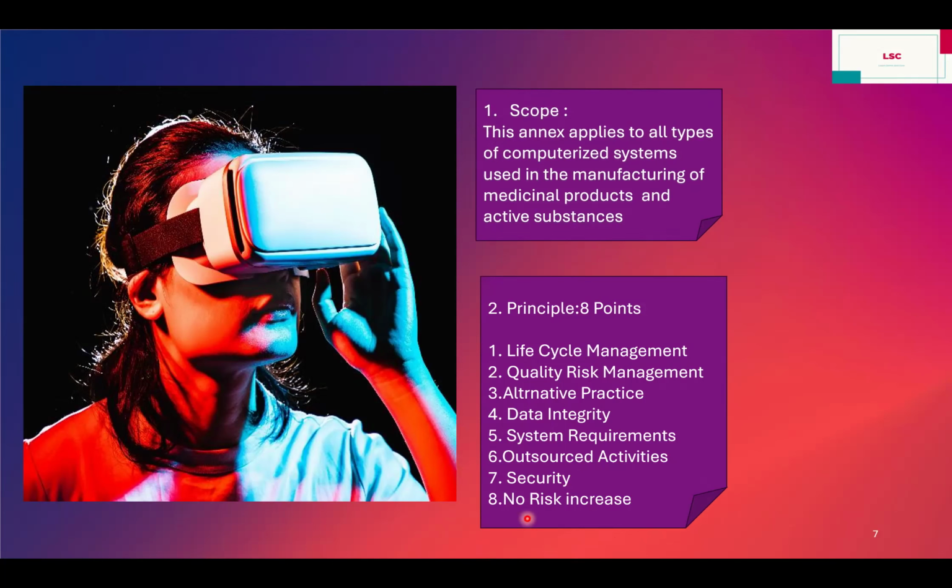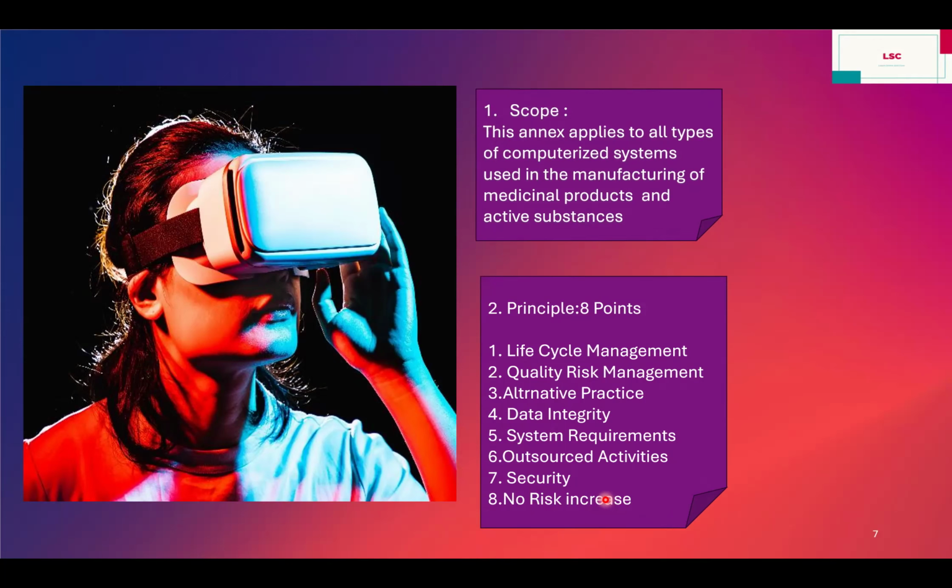Now, the eighth one is no risk increase. The eighth point of the principle clearly mentions there should be no increase in risk to your three pillars: product quality, patient safety, and data integrity.